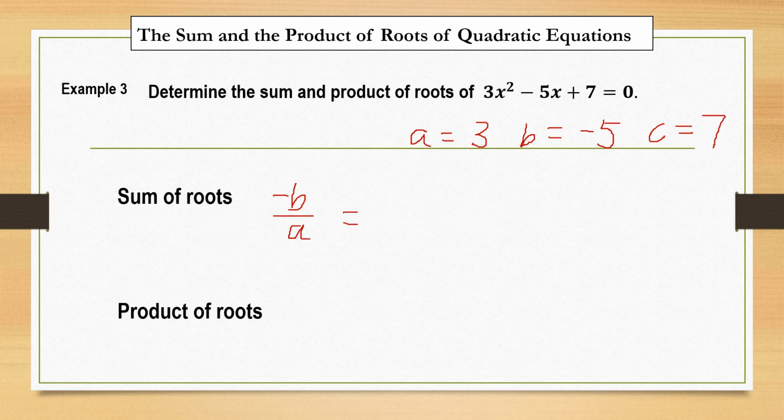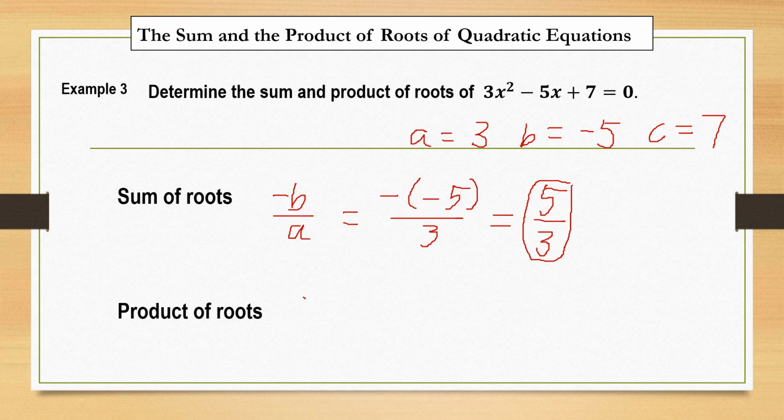Let us substitute. So we have negative the value of b, which is negative 5, over the value of a, which is 3. Let us simplify. So the negative of negative 5, we have positive 5 over 3. So the sum of the roots is equal to 5/3 or 5 over 3.